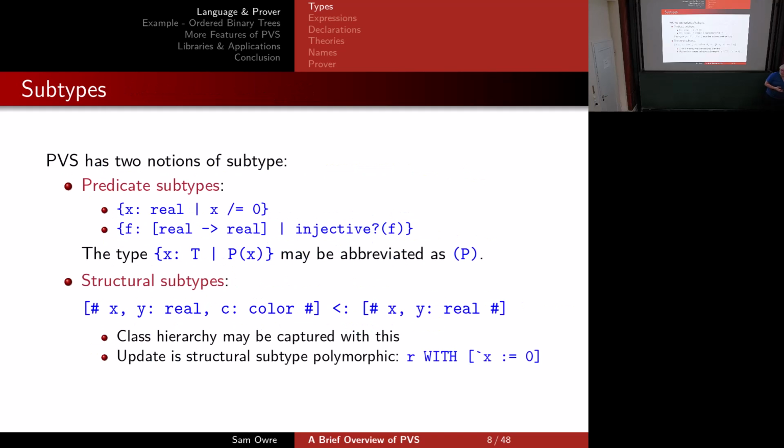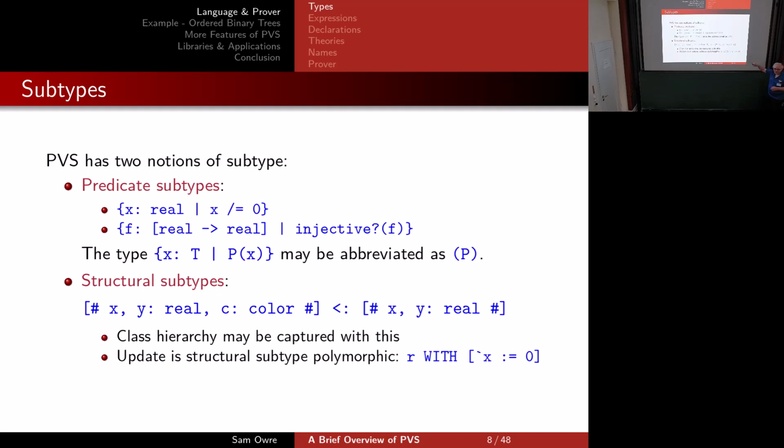And then this is one of the more important things about PVS. The top one is the most important, predicate subtypes. So for instance, x colon real such that x not equal to 0. That is when you define division, when division is defined in PVS in the prelude, it's defined so that the second argument has to satisfy that.